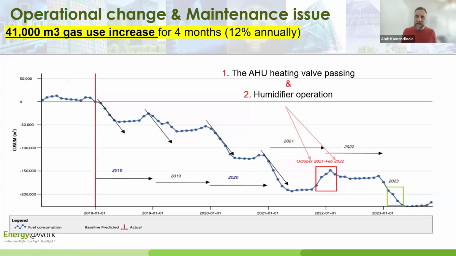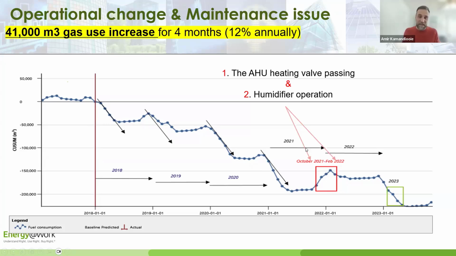When we flagged this, we realized, with further investigation, that the building's relative humidity requirement had changed. So the operation team needed to increase the set point for humidifiers and also keep them on a longer schedule. This is a legitimate reason, but how much of the gas is a result of these legitimate changes, and how much might be something else causing us to pay for extra natural gas?